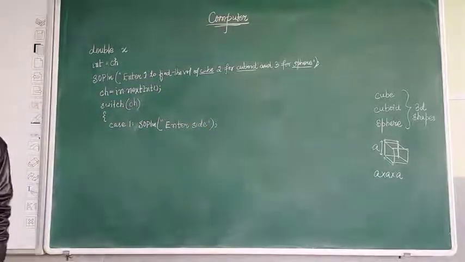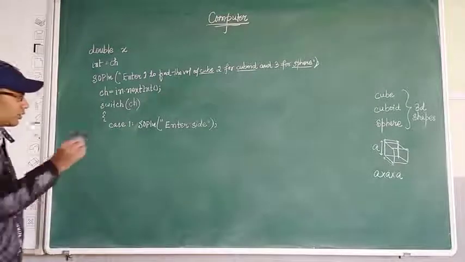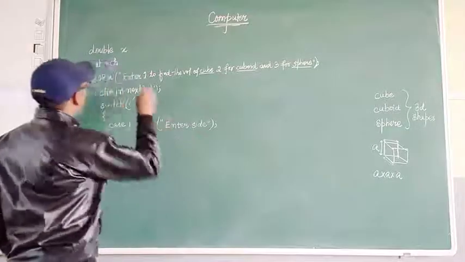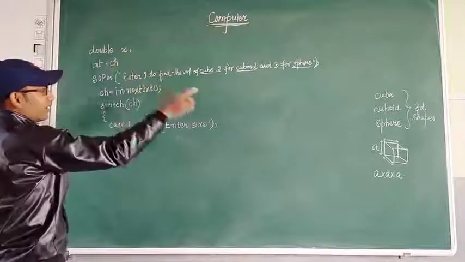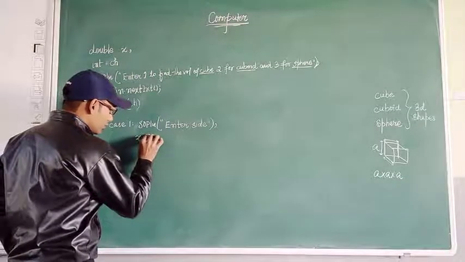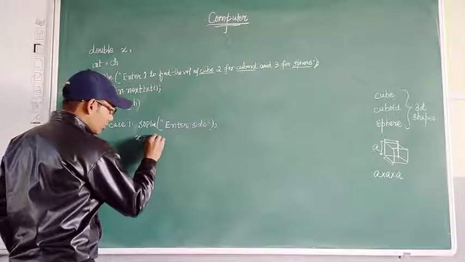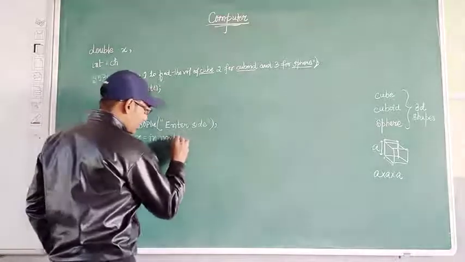To find out the volume of a cube, we want the side. So over here x will deal with the side. X is equal to in dot next double.